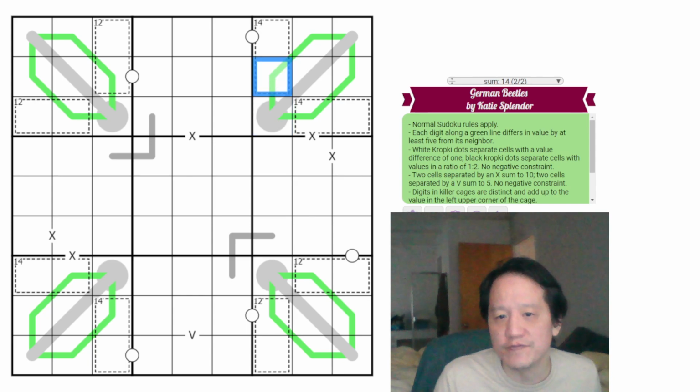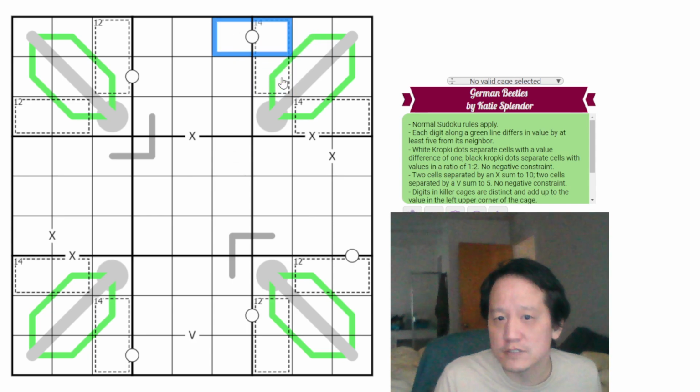So for example, if this, say, is a 9, that means these two digits have to be a 1, 2, 3, or 4 in both of these squares. So that's German whisper lines.